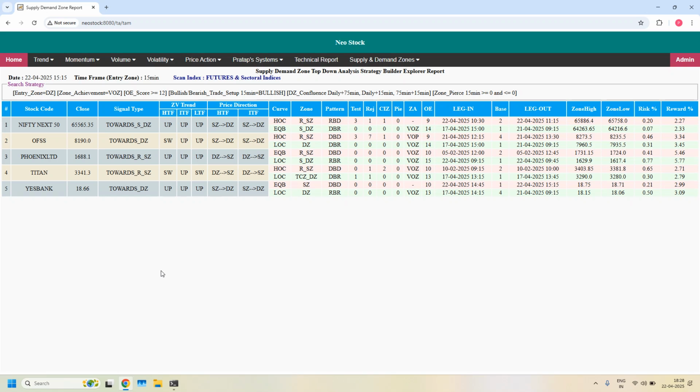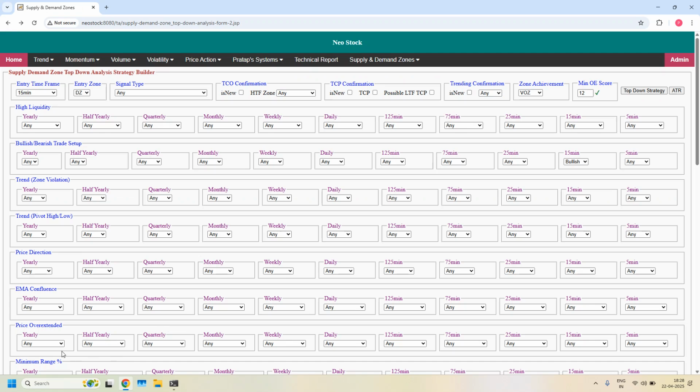Let us verify if any of the daily demand zones have daily EMA. In that case, the overlapped 15 minutes demand zone might have a higher probability of success. So in the EMA confluence at the daily time frame, I am checking whether the daily demand zone has daily EMA confluence or not. At the same time, the trend on the daily should not be sideways.